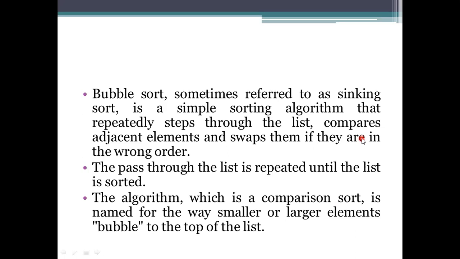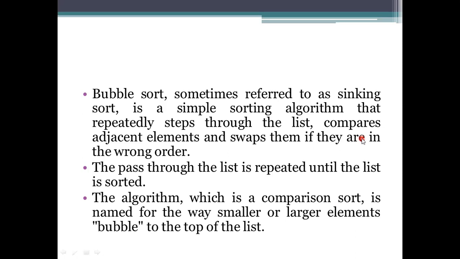Whereas this bubble sort, which is also referred to as sinking sort, means we need to compare the elements repeatedly with the beside elements. If the value you are comparing is greater than the compared value, then we need to swap the values and continue.